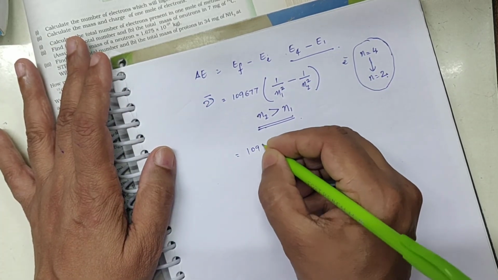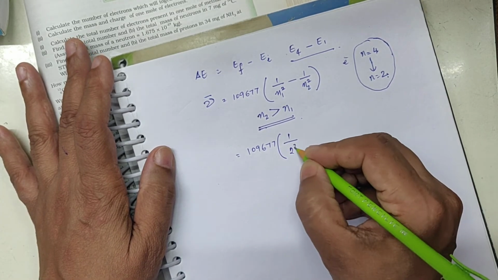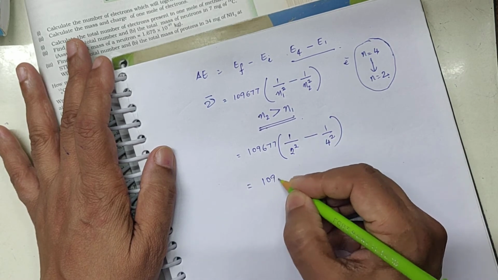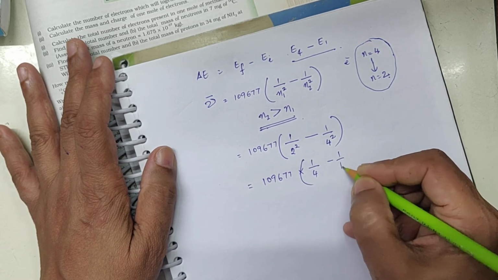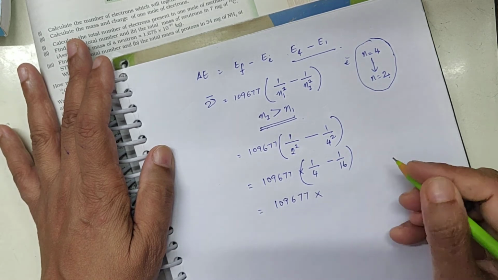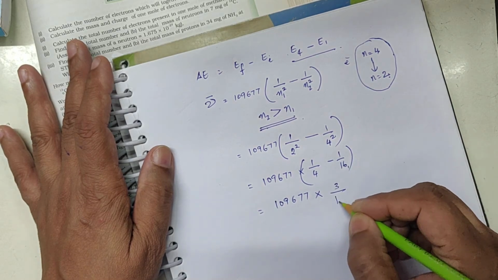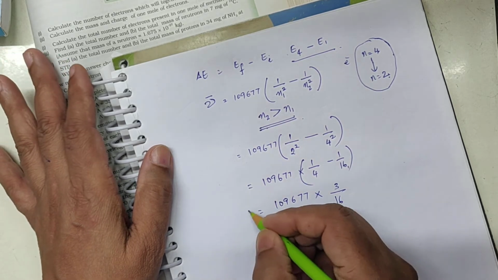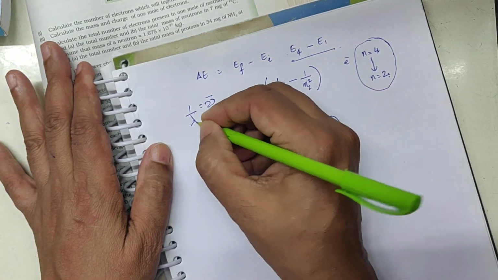So 109677 into 1 upon 2 square minus 1 upon 4 square. That is 109677 into 1 upon 4 minus 1 upon 16, which will be 3 upon 16. This is nu bar, that is wave number, and nu bar is equal to 1 upon lambda.